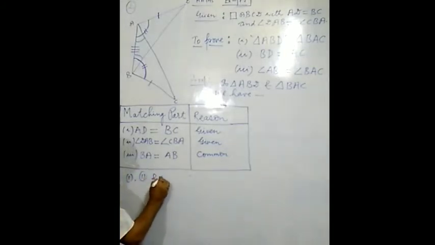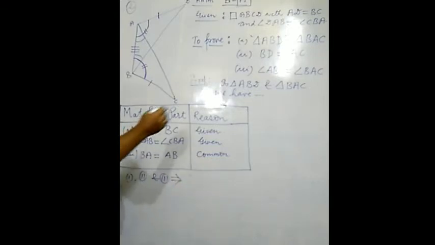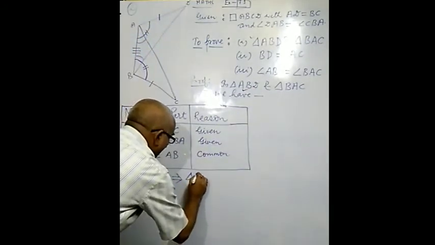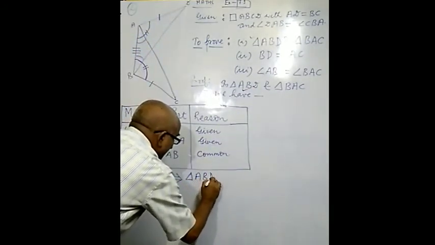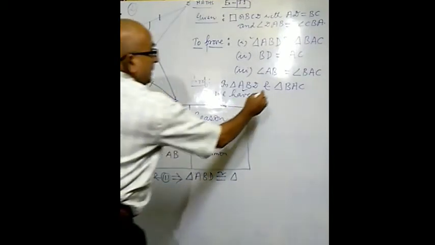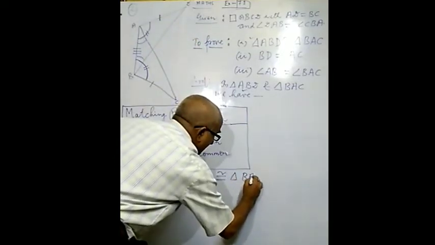Now on the basis of first, second and third, what result can be drawn? We can draw the result: first, second and third imply triangle ABD is congruent to triangle BAC.